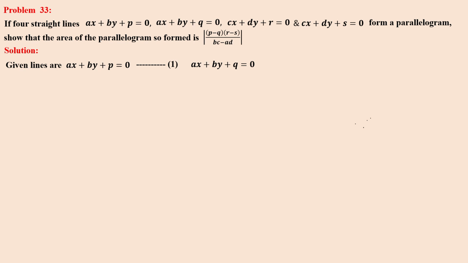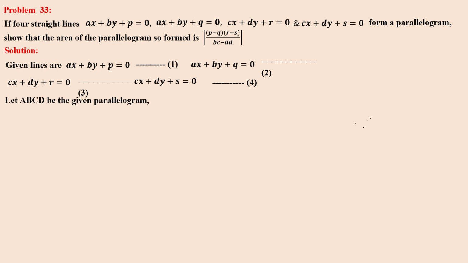Then the second equation ax plus by plus q equal to 0. Third equation cx plus dy plus r equal to 0. And fourth equation cx plus dy plus s equal to 0. Let ABCD be the given parallelogram, right?